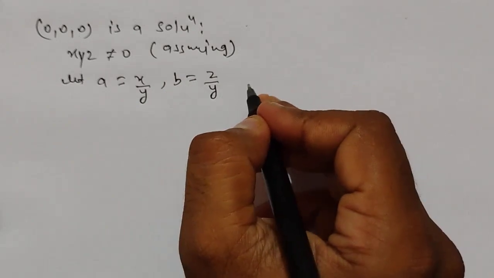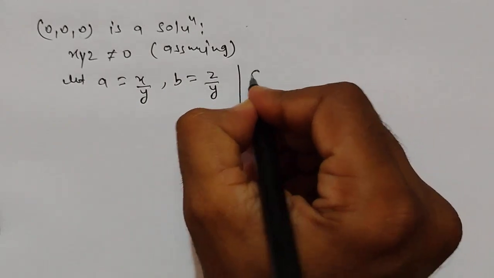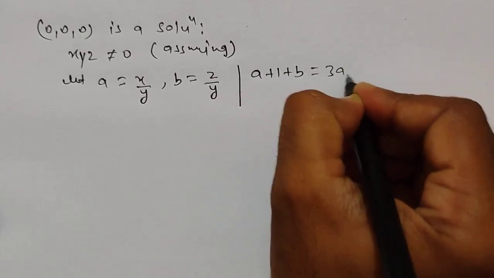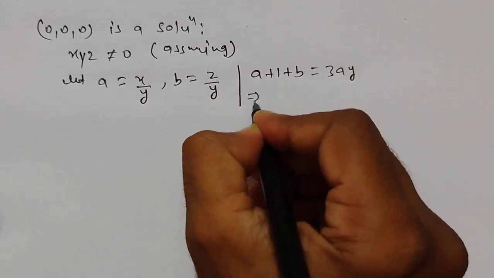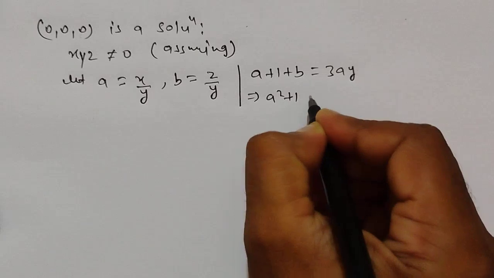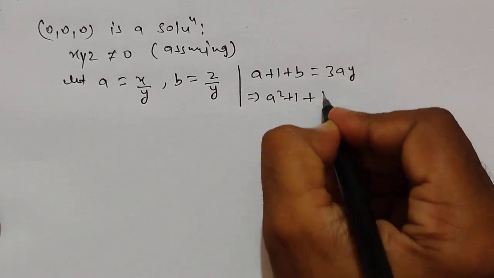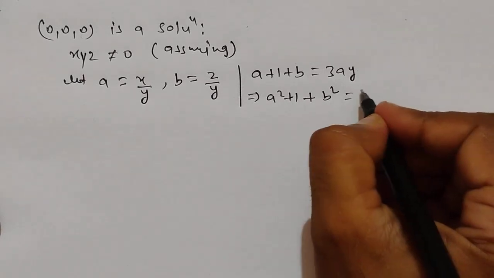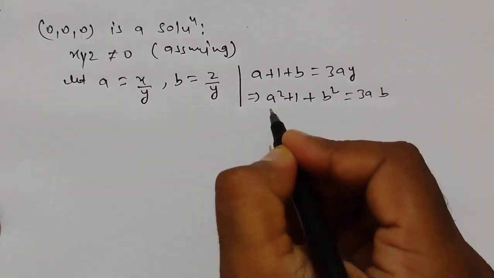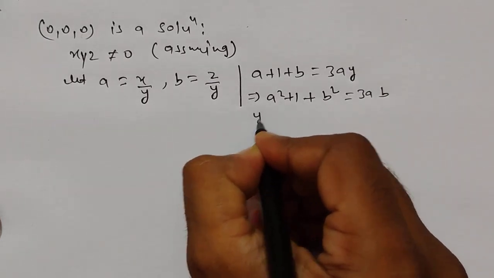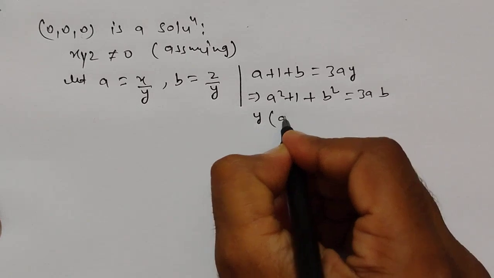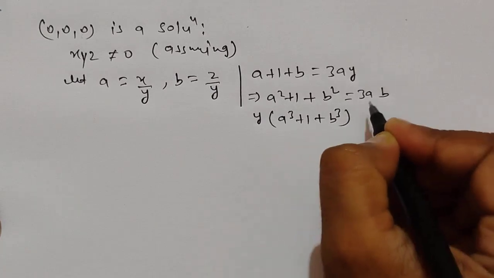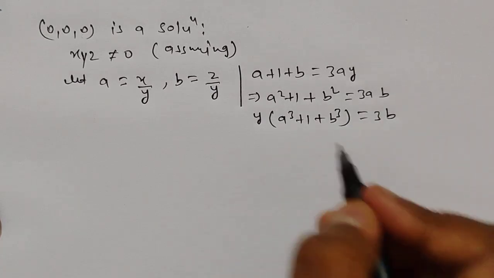The system of equations becomes: 1 plus a plus b is equal to 3ay, a square plus 1 plus b square is equal to 3ab, and y into a cube plus 1 plus b cube is equal to 3b.